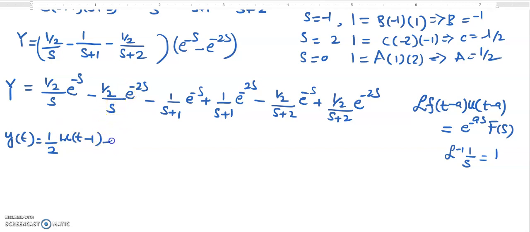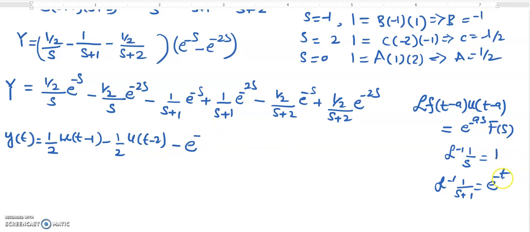Similarly, for this it will be minus 1 by 2, because it is the same as 1 over s, the only difference is e power minus 2s, so it will be u of t minus 2. And for this, what is F of s? F of s is 1 over s plus 1, so the Laplace inverse of 1 over s plus 1, we know, is e power minus t.